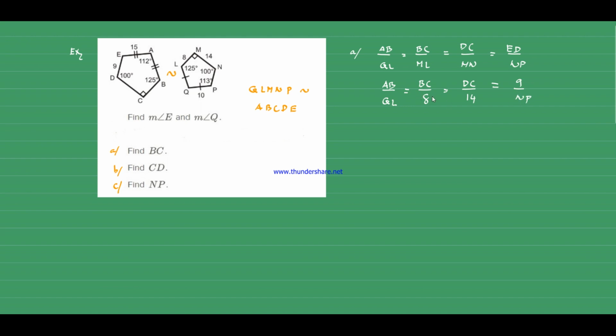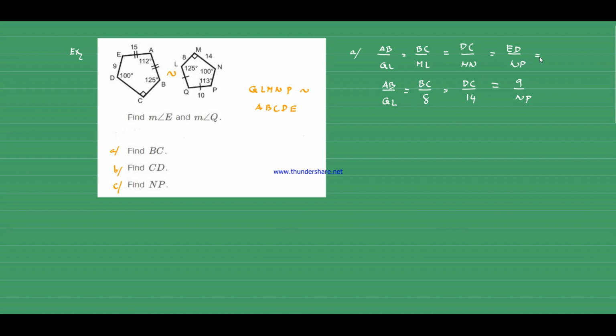Alright, so from here we want to find BC. I'm gonna go ahead and snap. We'll go ahead and grab this one right here. Well, there's a lot of things we don't know. 14, 15, EA.